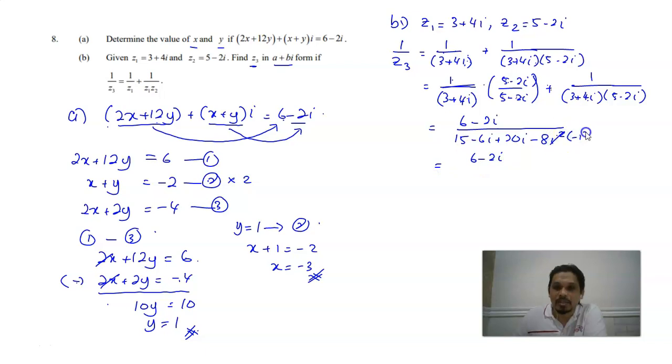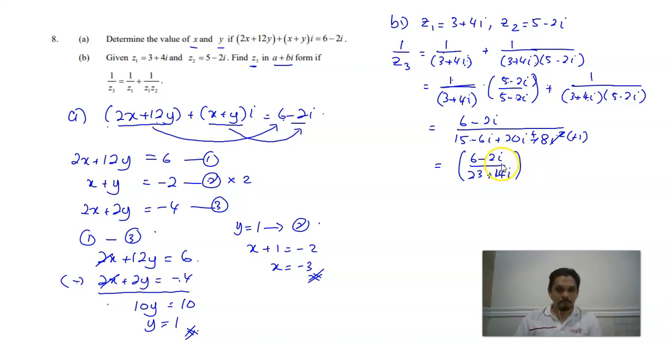I squared is negative 1. Negative times negative equal to positive. So then 15 plus 8, 23. And 20 minus 6, 14i.